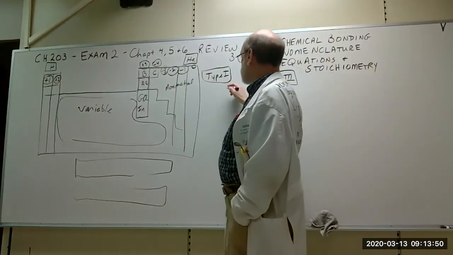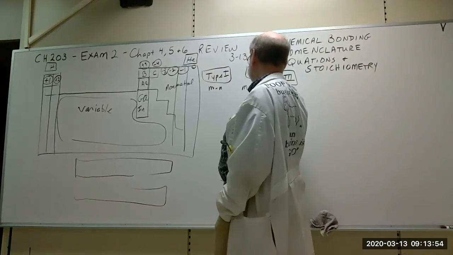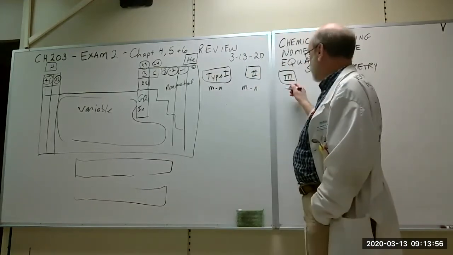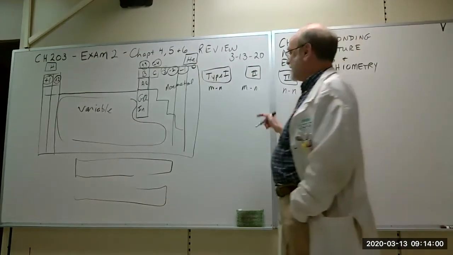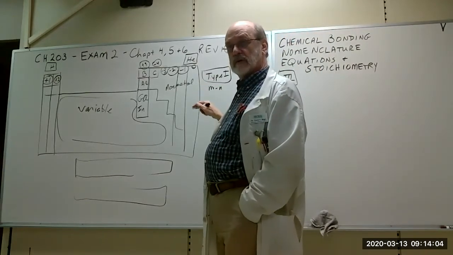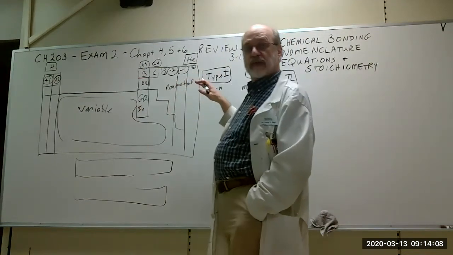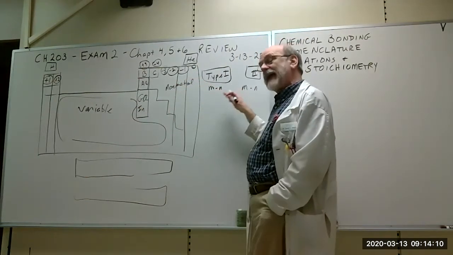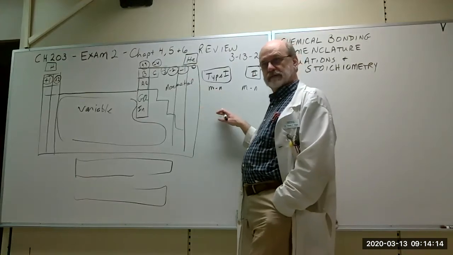The type 1s and 2s are both metal, non-metal. Type 3s are non-metal, non-metal. So these are going to be named with the cation first. Just name the element. That's it. And then the anion, the negative one, you end it with IDE.